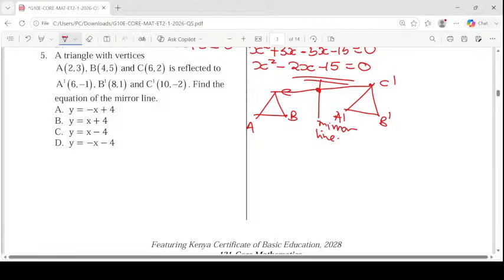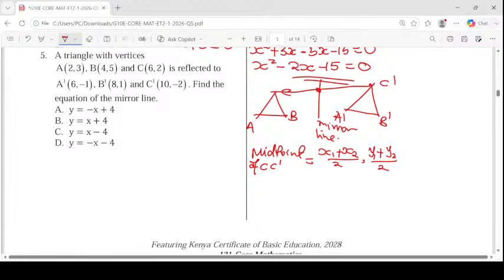So let me get the midpoint of C and C prime. The midpoint is given by x1 plus x2 divided by 2, then y1 plus y2 divided by 2.